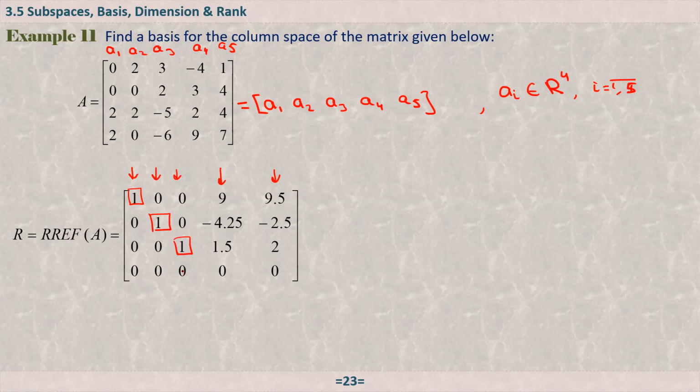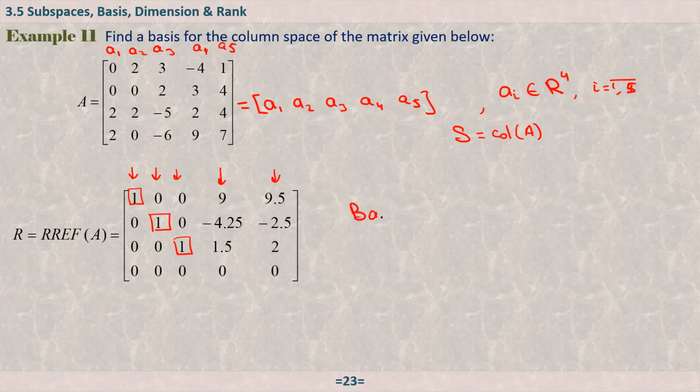Since we are talking about the column space of A, S is the set spanned by the columns of A. By using a linear combination of these 3 vectors, I can never produce, for example, 2 here, because they are always 0. But since they have the same dependence relationship, I should take A1, A2, A3 as our basis vectors.